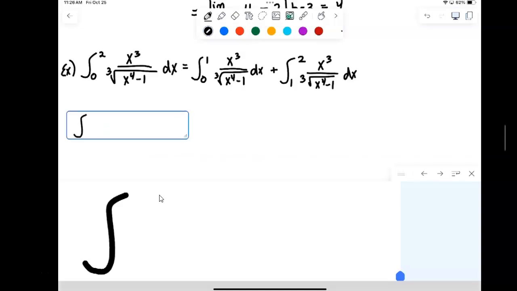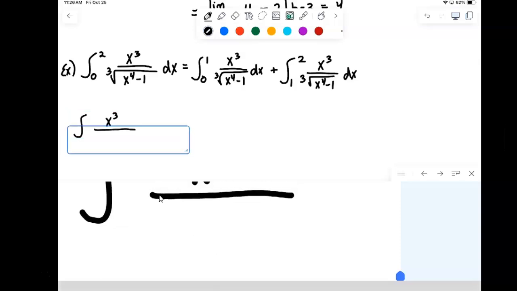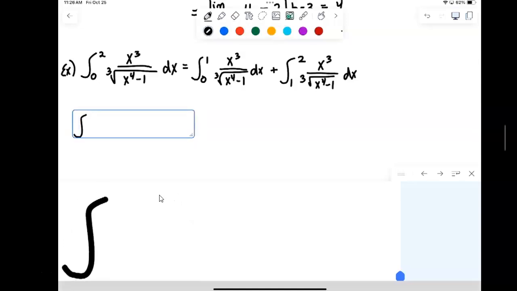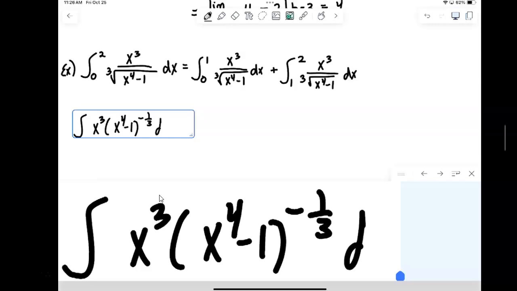And so just working on the integral of x cubed over, actually we don't even need to write it as over, we'll just do it all together here, as x cubed out front times x to the fourth minus 1 to the negative 1/3 dx.